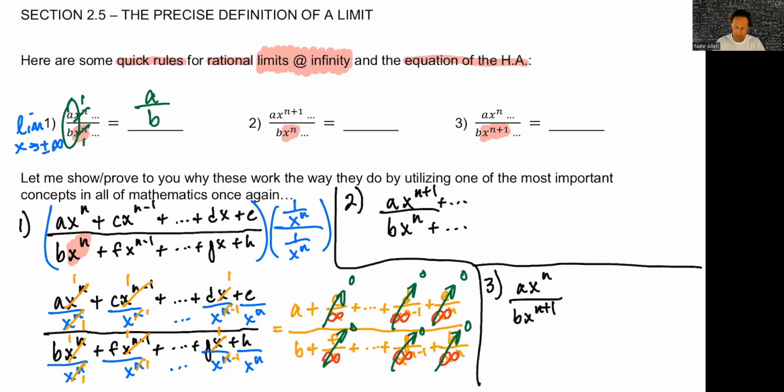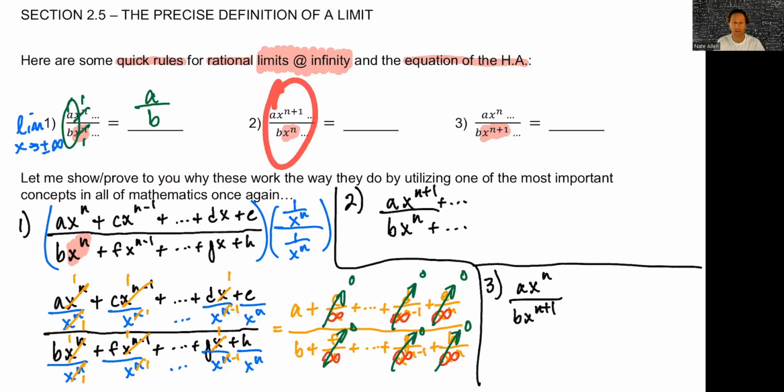Here's the idea. Remember, we're evaluating these things with that direct substitution whenever we can with a limit. And remember, we said if it's rational or polynomial or trig or radical, all those different types of functions, exponential, logarithmic, inverse trig, as long as it's in its domain, it's all good.